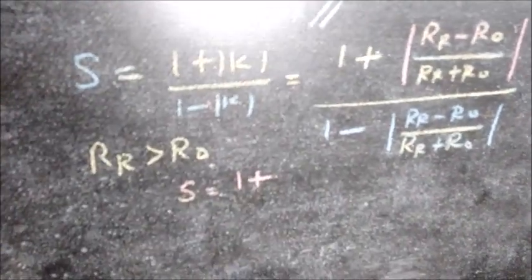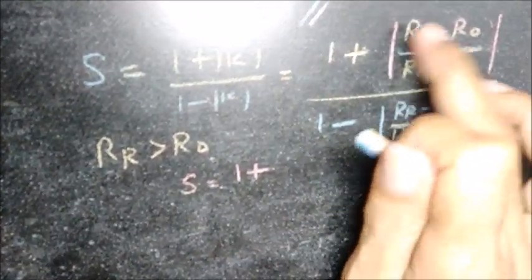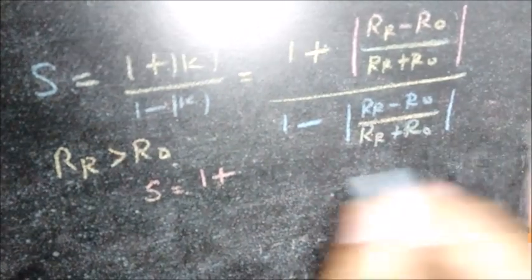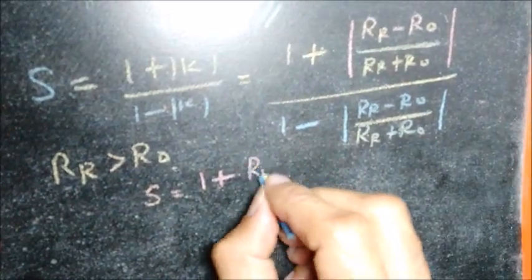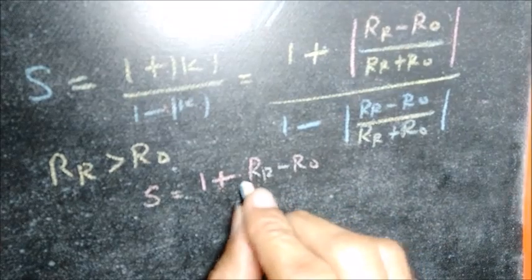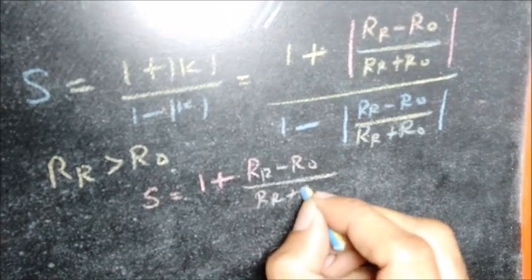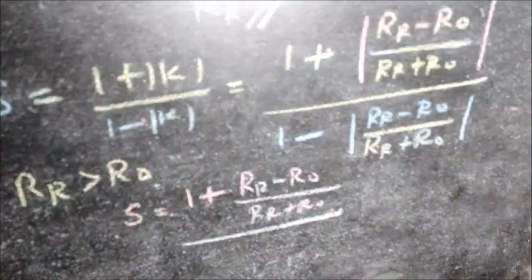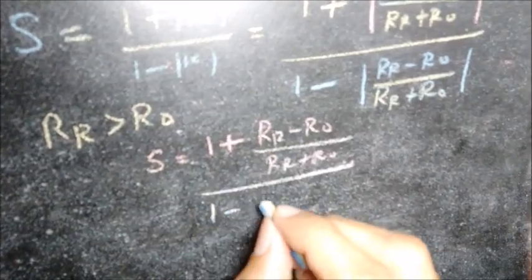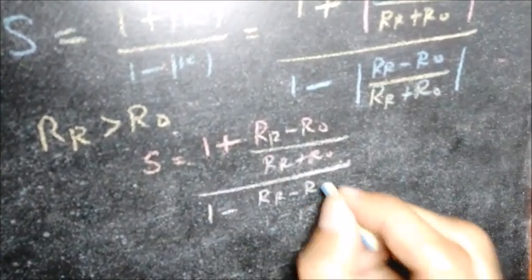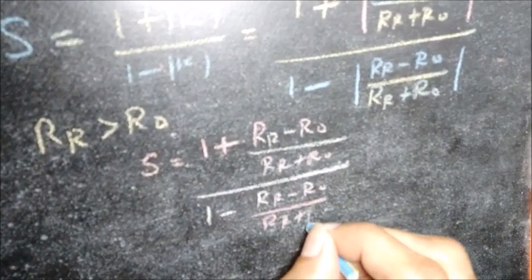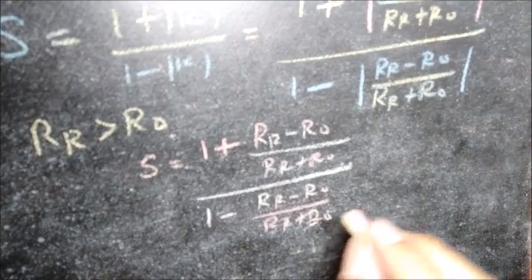We need not specifically write the magnitude down because this is a positive number now. So you will get 1 plus (RR minus R naught) divided by (RR plus R naught), divided by 1 minus (RR minus R naught) divided by (RR plus R naught).